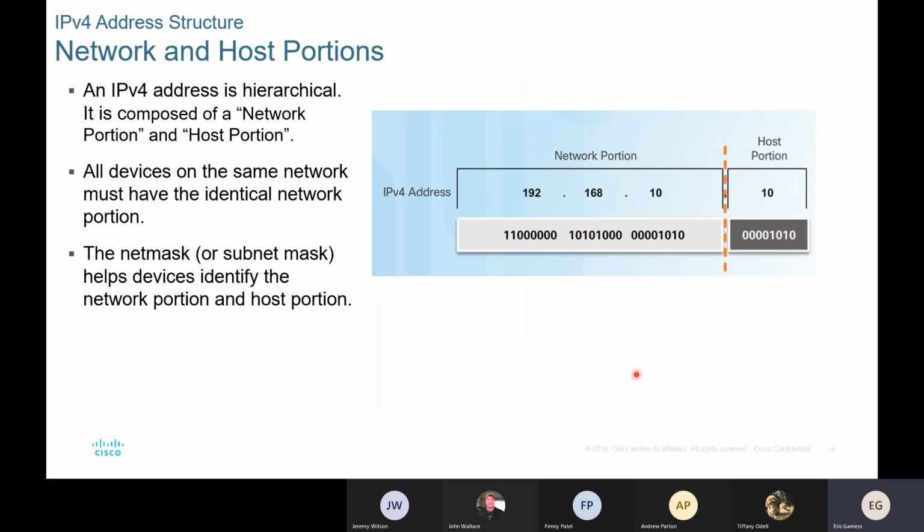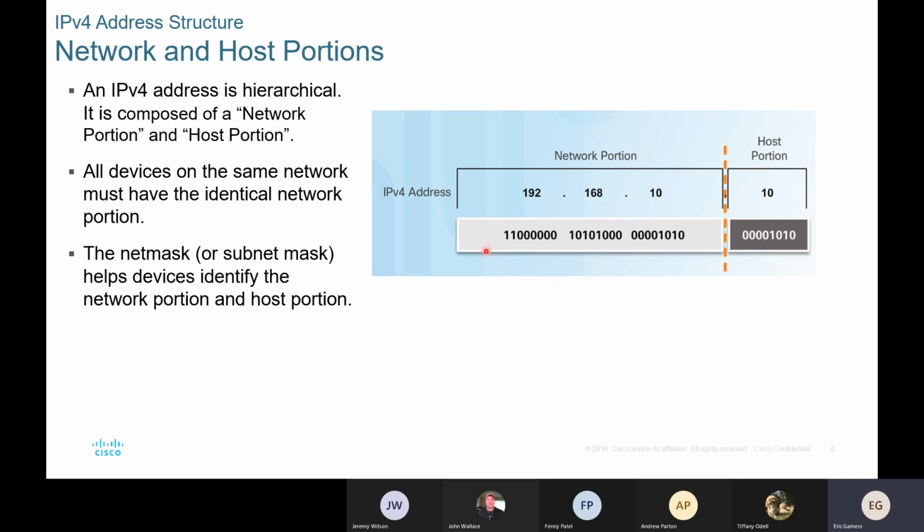So an IP address can be divided in two parts. The left part is called the network part, and the right part is called the host part. So for example, here we have an IP address 192.168.10.10. We are going to split the IP address in two parts: the left part, which is this part, and the right part, which is this part.